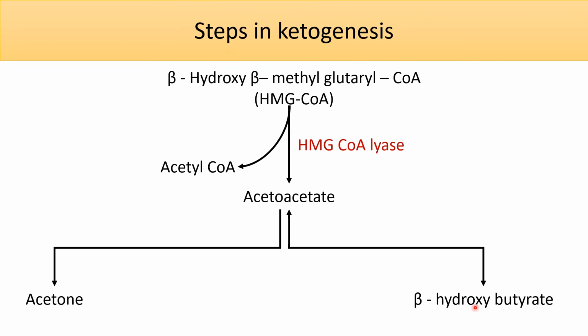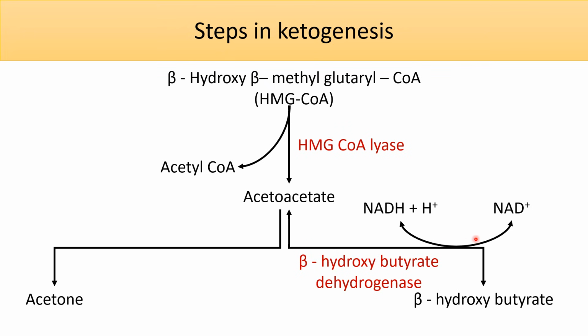This conversion of acetoacetate to beta hydroxybutyrate is a reversible reaction. So to convert beta hydroxybutyrate to acetoacetate, we need to dehydrogenate this molecule. The name of the enzyme is beta hydroxybutyrate dehydrogenase. So during this reaction, NAD will get converted to NADH2. So this is the third ketone body, that is beta hydroxybutyrate.